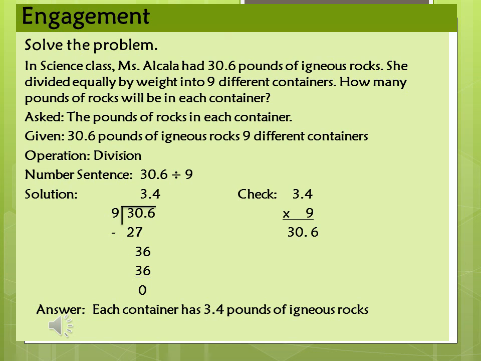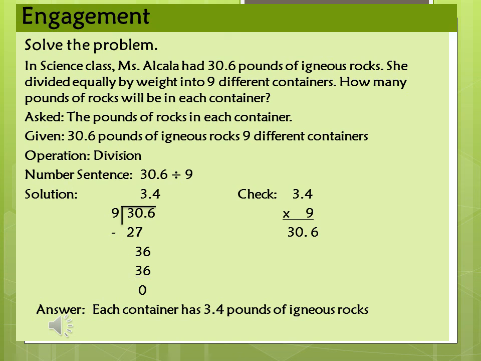Mag-solve tayo ng problem. In science class, Miss Alcala had 30 and 6 tenths pounds of igneous rocks. She divided equally by weight into 9 different containers. How many pounds of rocks will be in each container? Apply natin ang mga step in solving problem.